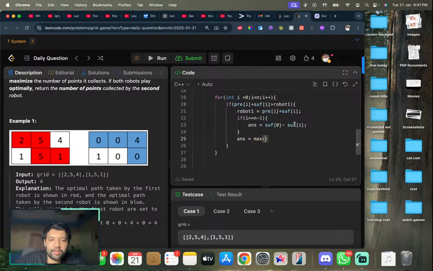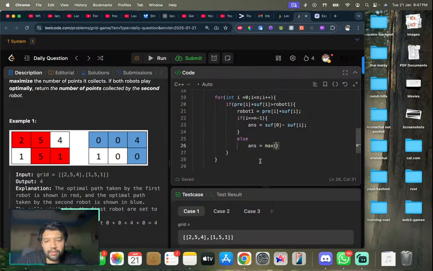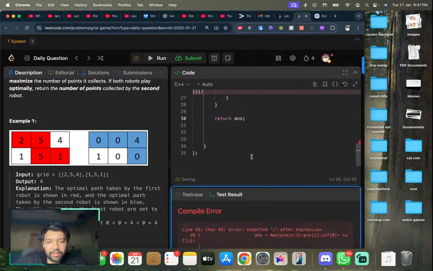And okay, so else answer is equal to max of suf of n minus 1 minus suf of i, comma, this. This should work, but let's see.